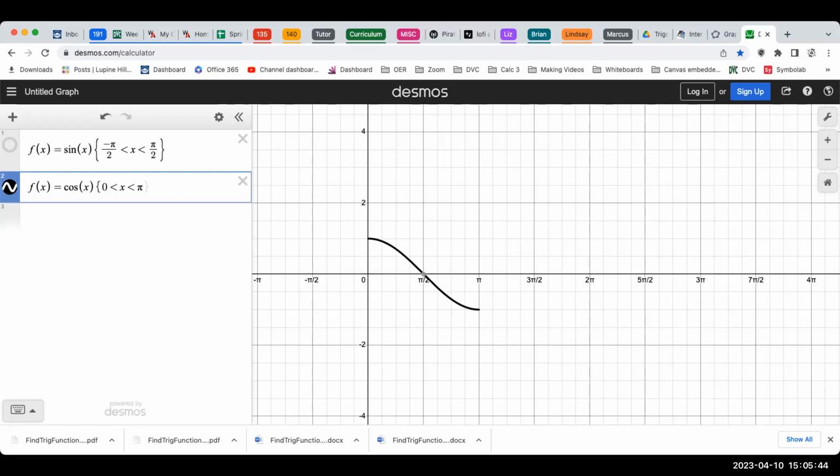So let's see what the inverse of cosine is gonna look like. This one also is called arc cosine. So cosine inverse of x, which also can be written as arc cosine of x.